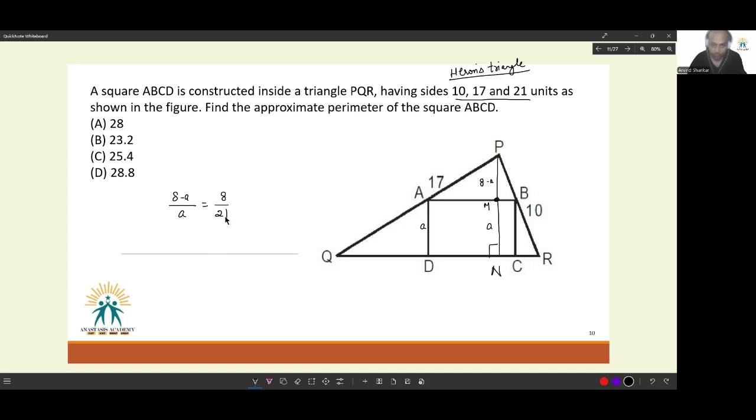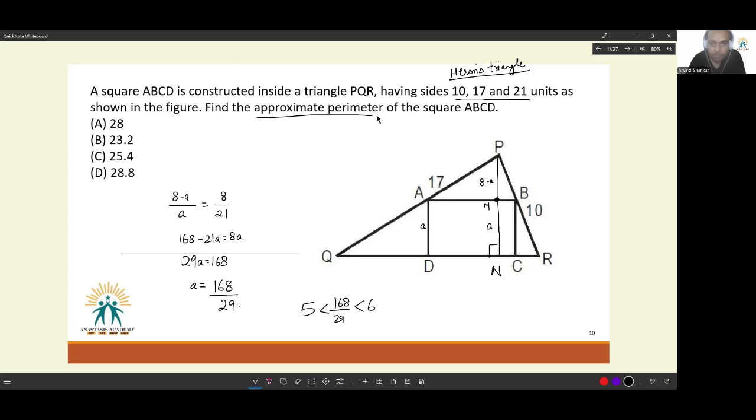by 21. So we get 21 into 8, 168 minus 21A is equal to 8A. 29A is equal to 168, or A is equal to 168 by 29. Now you can do precise calculation and get to your value, but you don't really need to do that because 168 by 29, can I say this is less than 6 and greater than 5?